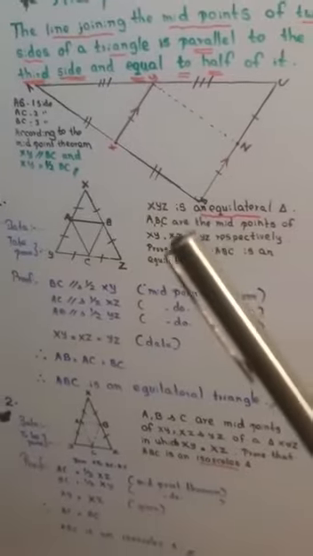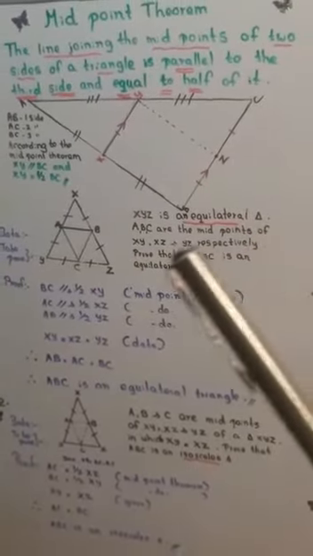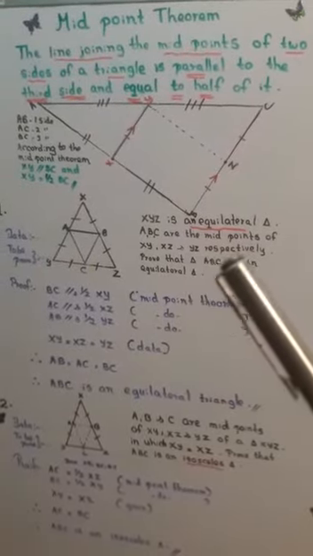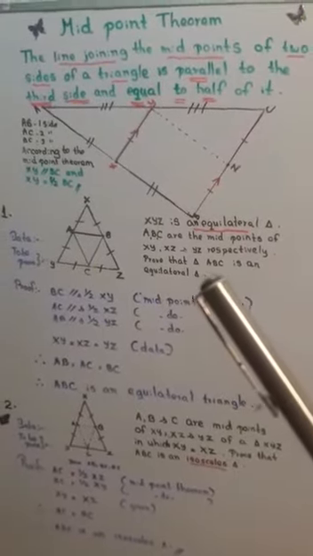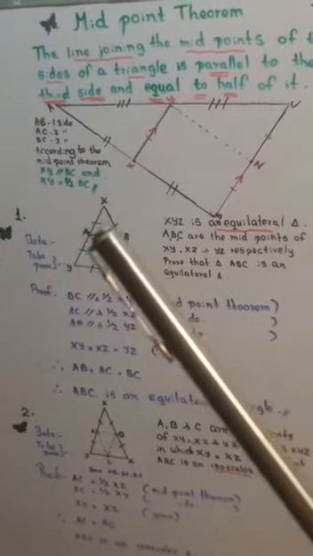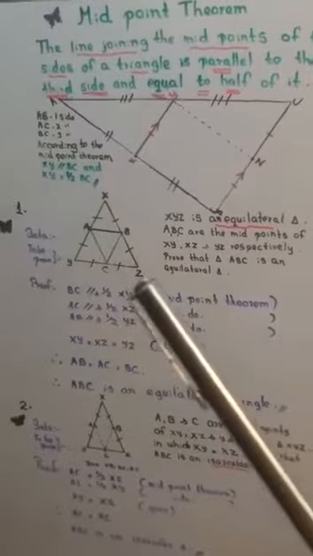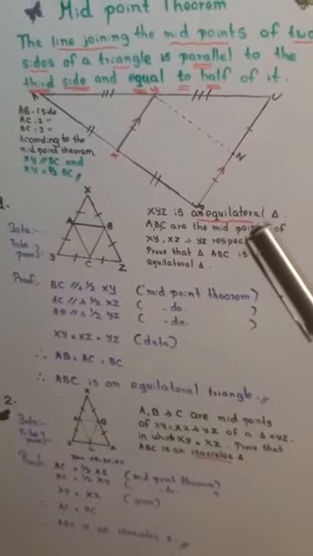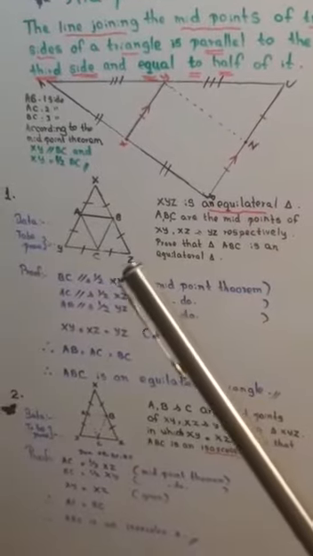First one, XYZ is an equilateral triangle. A, B and C are the midpoints of XY, XZ and YZ respectively. Prove that triangle ABC is an equilateral triangle. All sides are equal because this is an equilateral triangle.